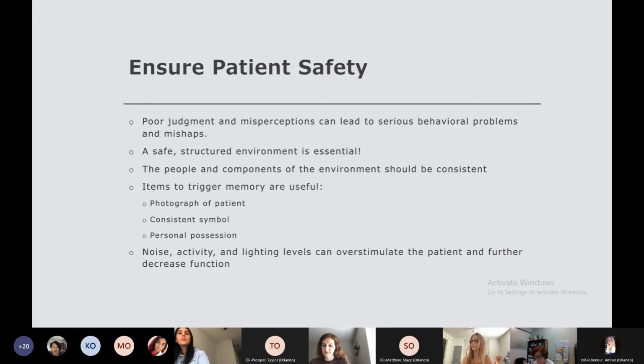Ensuring patient safety is one of the largest considerations that you need to be aware of when you're taking care of these patients. Poor judgment and misperceptions can lead to serious behavioral problems.